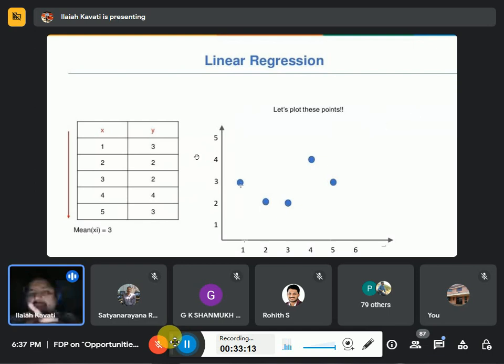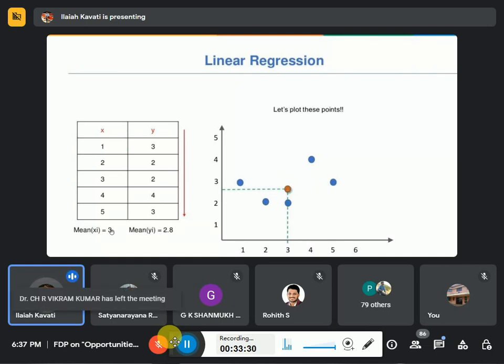To have that line, first we need to find the mean of these x values and the mean of y values. The regression line will pass through that particular point, mean x and mean y. This red point is the mean of x and y. Mean of x is 3, mean of y is 2.8.